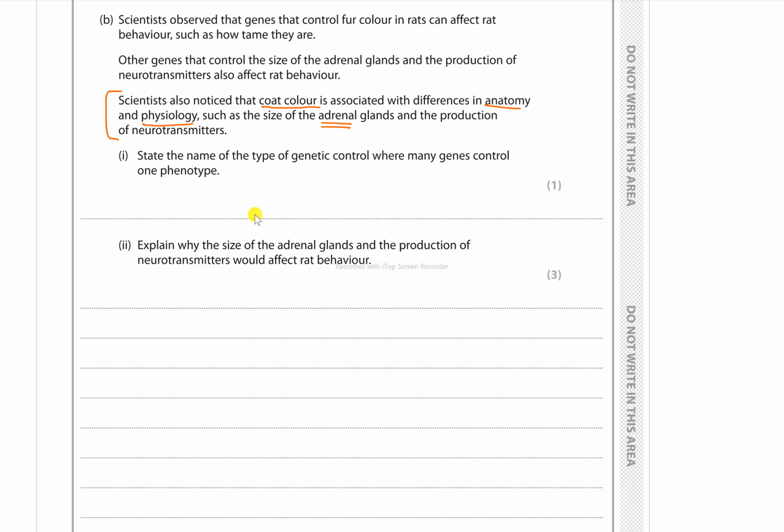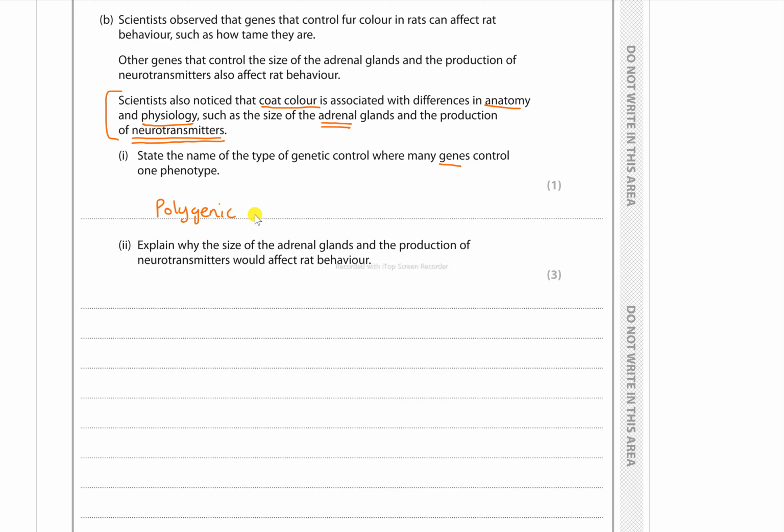That's the key thing to it. And neurotransmitters help pass impulses across the synapses. State the name of the type of genetic control where many genes control one phenotype. This is called polygenic.